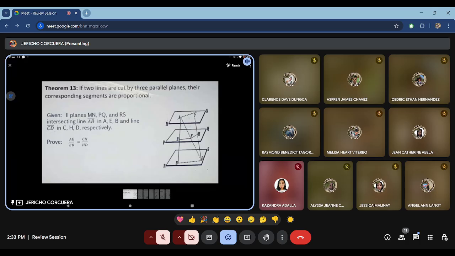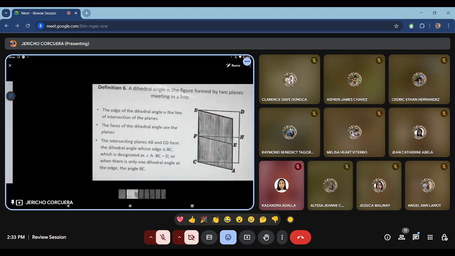So they are proportional. AE is proportional to EB and CH is proportional to HD. You can see that these proportions are equal. We have AE and EB, CH and HD. They are proportional, they are equal as well.